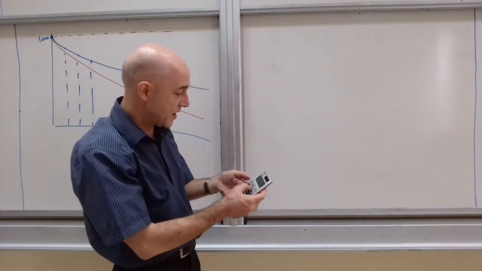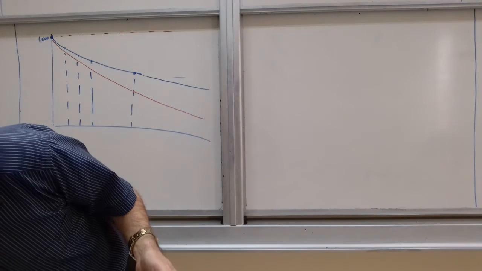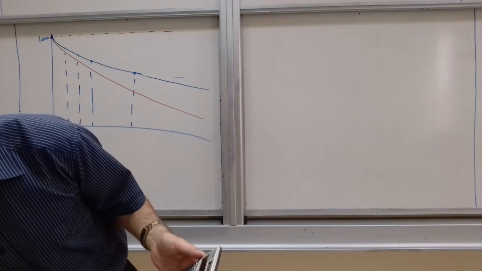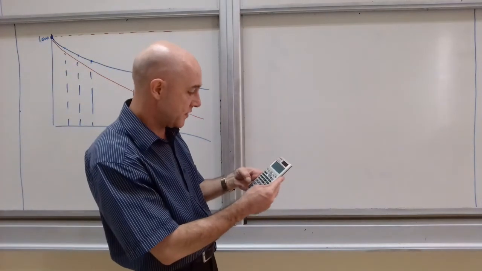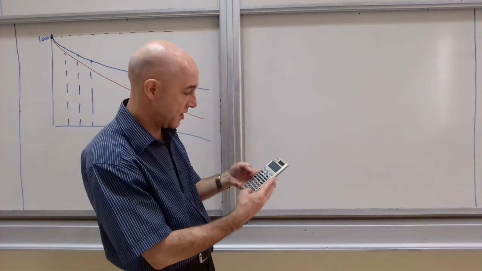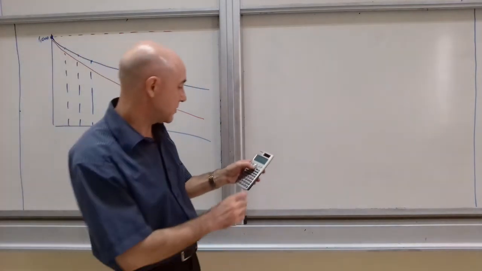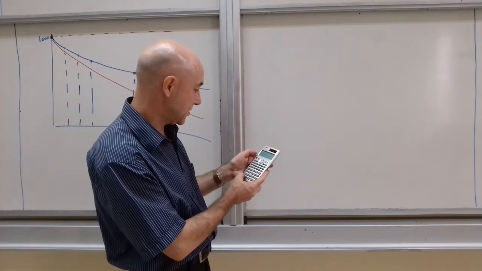Let me try and say present value 11,167. I'm looking at page 159. Present value 11,167, enter. Future value 20,000. Oh, it's got to be minus 20,000.